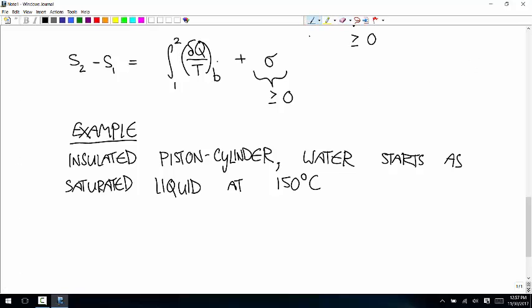How can you have saturated liquid water at 150 degrees Celsius? High pressure, yep. And then a paddle wheel inside changes this to a saturated vapor.